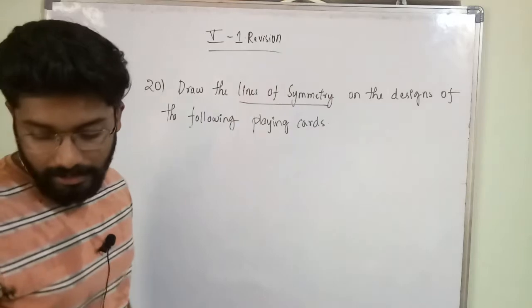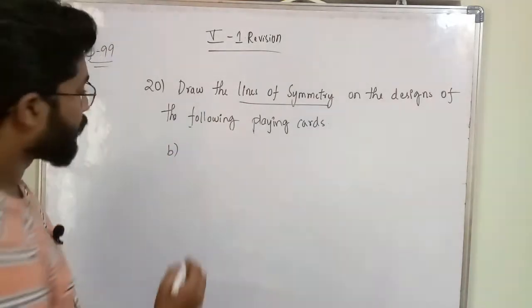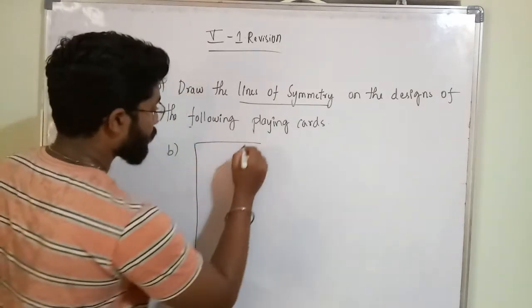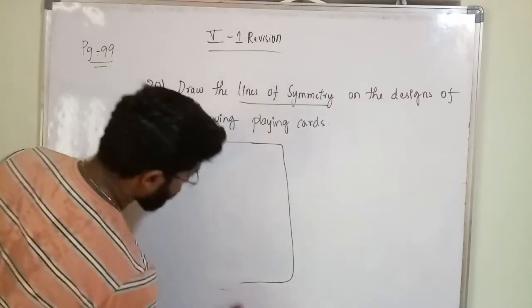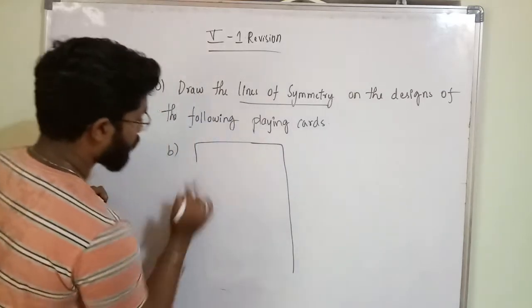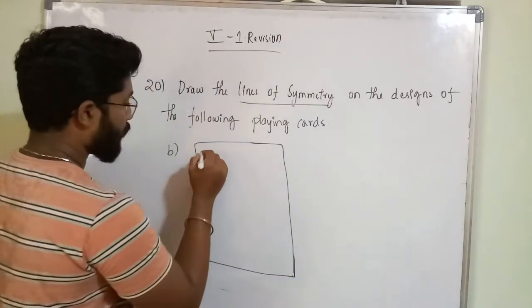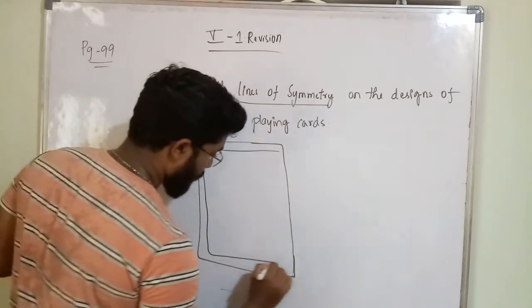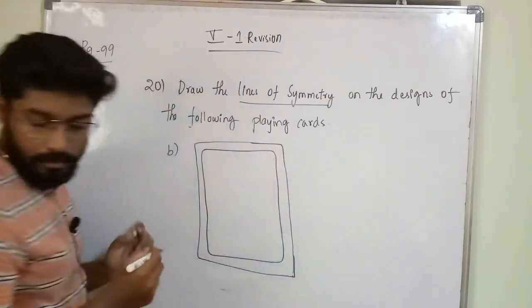I will tell A and B, you have to draw C and D. For this B, this is the play card.